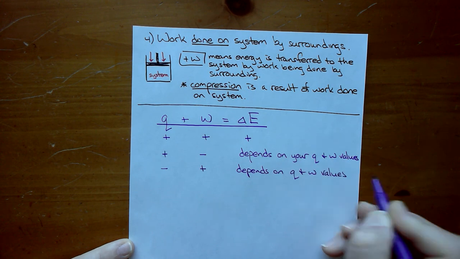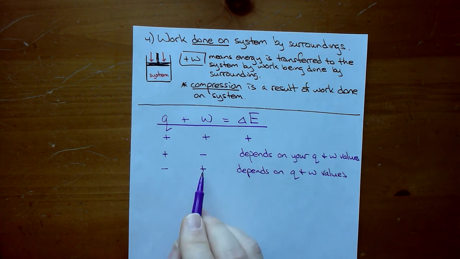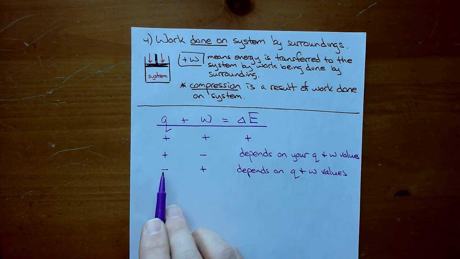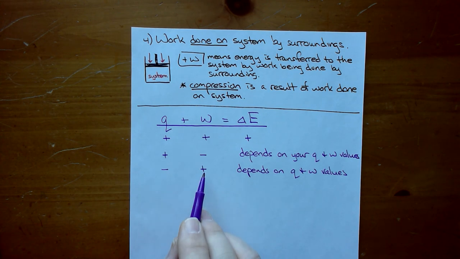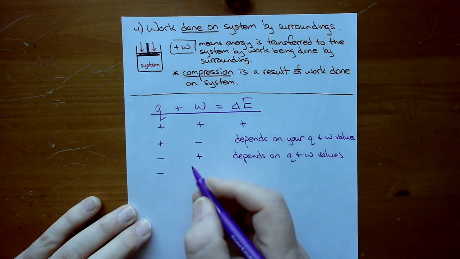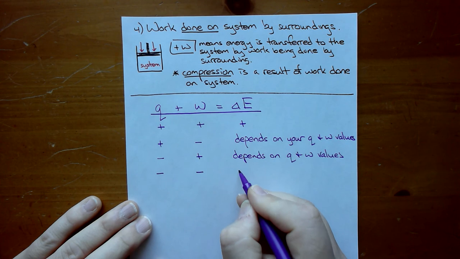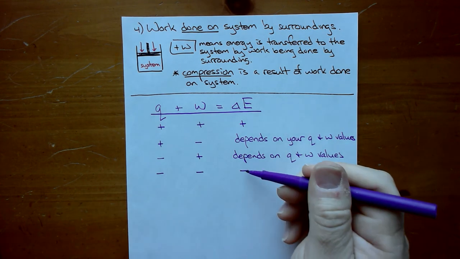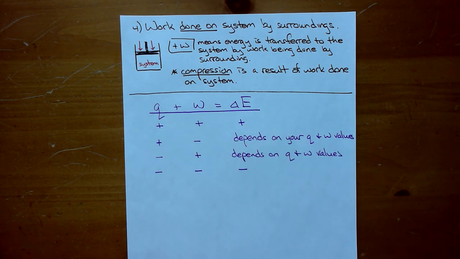Meaning that if this is a higher value than this, then it's going to be a positive delta E, or if the heat lost by the system is higher than the work done on the system, then it's a negative delta E. And then if you have negative for each of these, then you know that delta E is negative. And so this would be exothermic, and this would be endothermic. Okay.